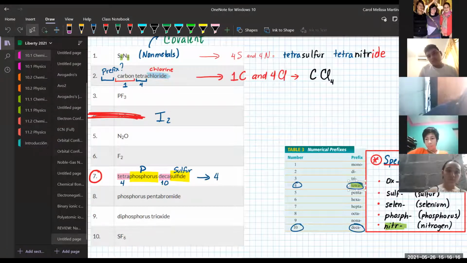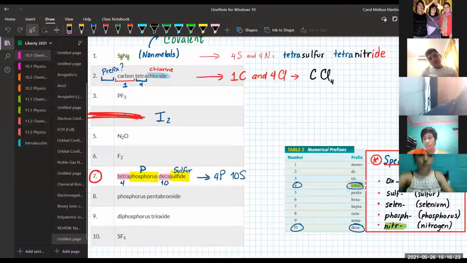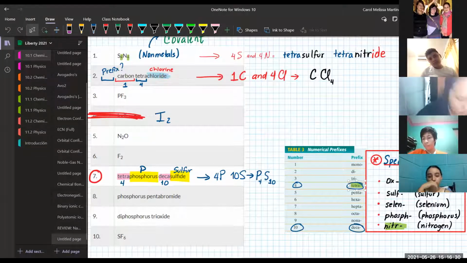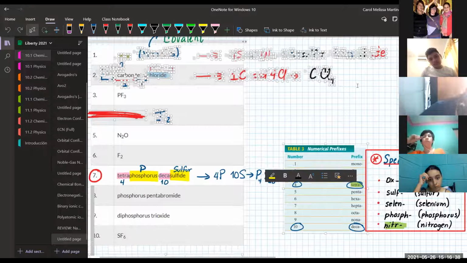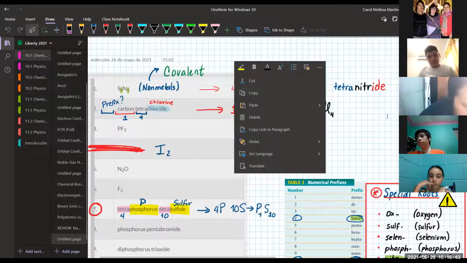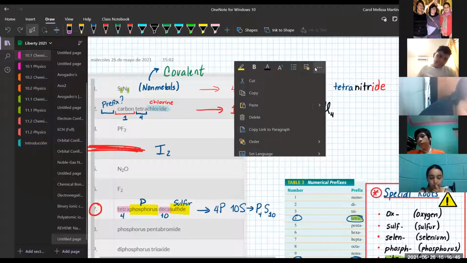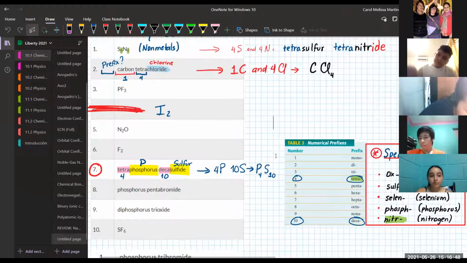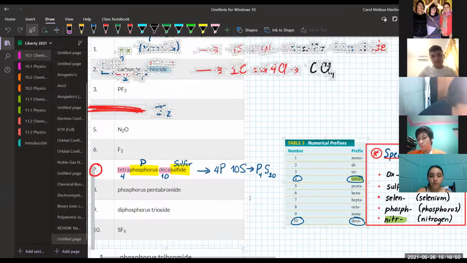So the formula in the end will be P4S10, like that. Okay. Did you understand this exercise, the number 7?